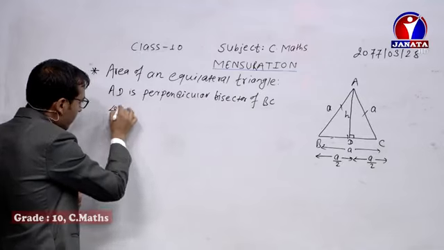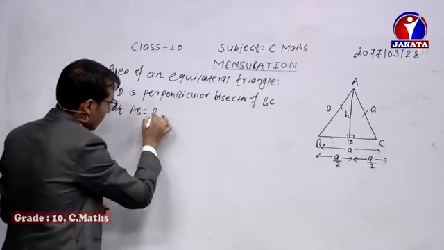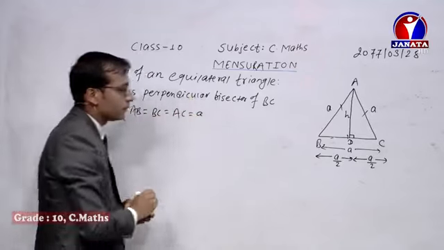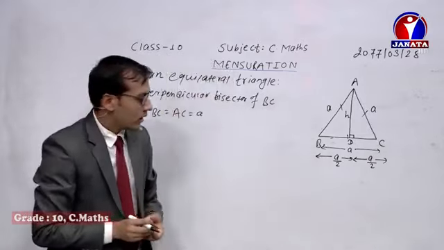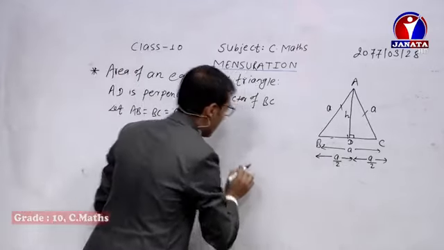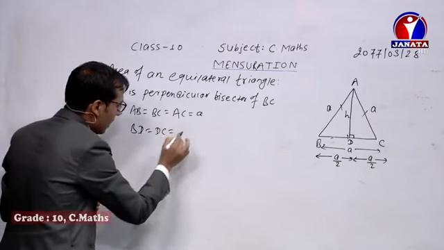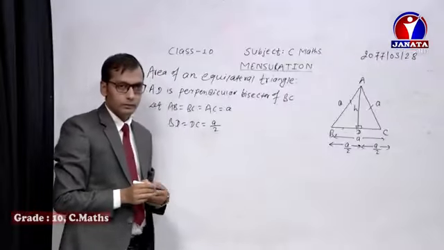If we suppose AB is equal to BC is equal to AC, this is A, because I am supposing the length of each side of this equilateral triangle is A. Now what is the measure of BD? BD and DC are half of BC, so this is A over 2.